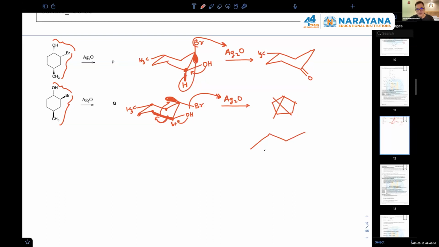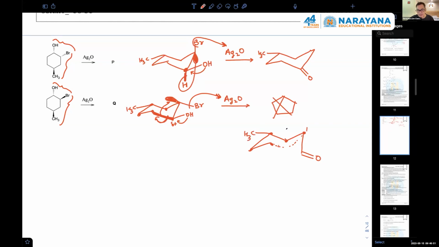This is the anti-bonding. 3, 4, 5. This will actually get attached here, and here I will get this C double bond O, and here I will get methyl. Now I think you are getting my point.